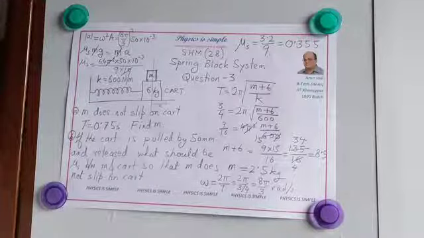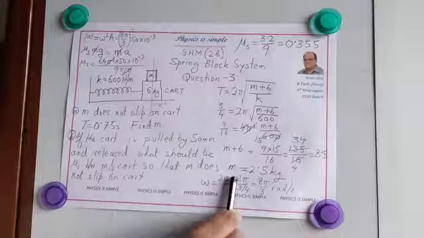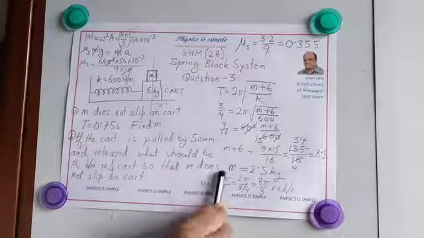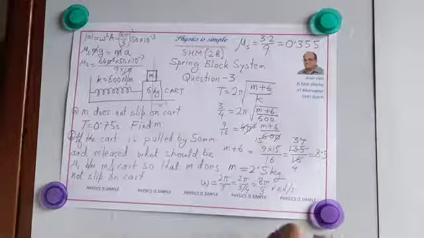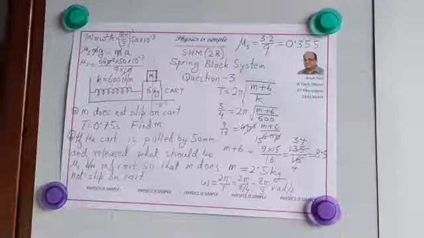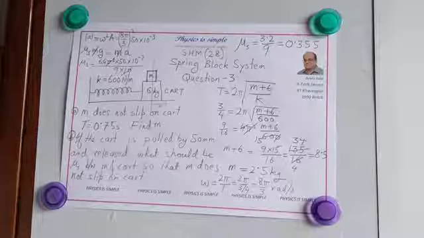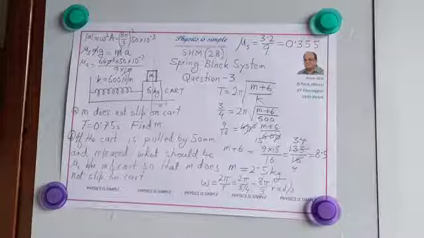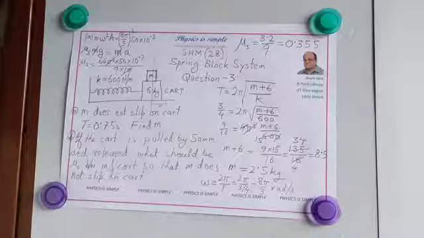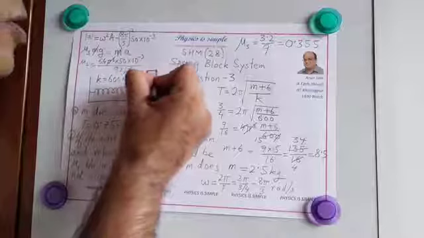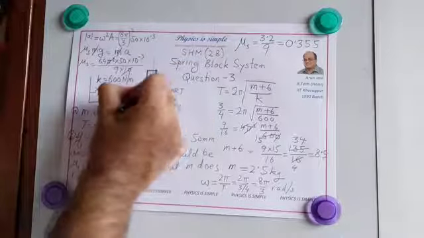So basically we knew the time period. From time period we calculated omega as 2 pi by time period, and after we got omega, then we found that the maximum acceleration has a magnitude omega square a. Then this block accelerates because of friction, because it's not connected to the spring.